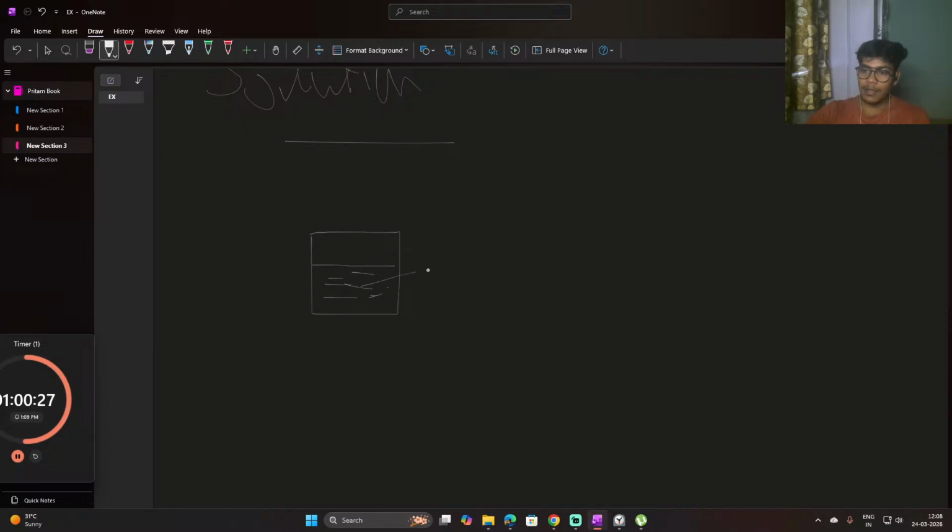In that glass, this is the water, and I am taking 1 spoon of NaCl and mixing it in this water. So this 1 spoon is lesser than water, right? So it's lesser than water, we call it a solute.